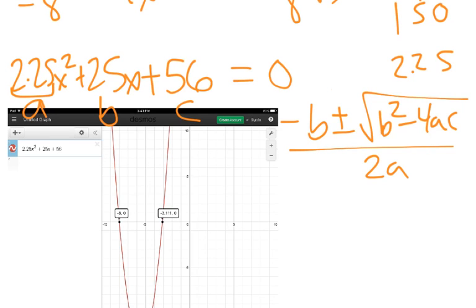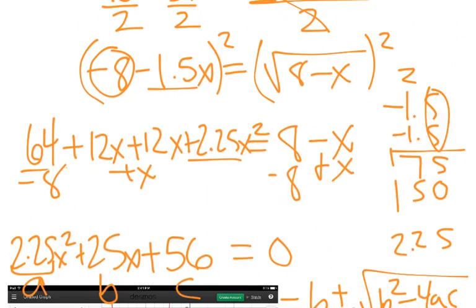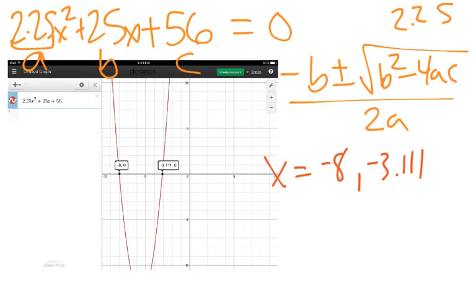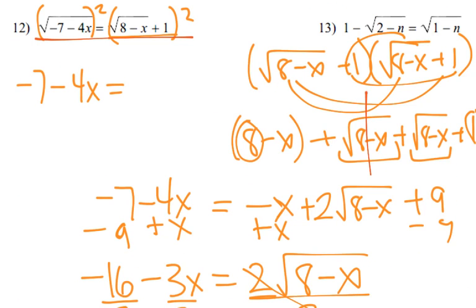I just did that, and you can see that our answers would be negative 8 and negative 3.111. Okay, which we need to go back, plug in here to decide which ones work and which ones do not work, okay.